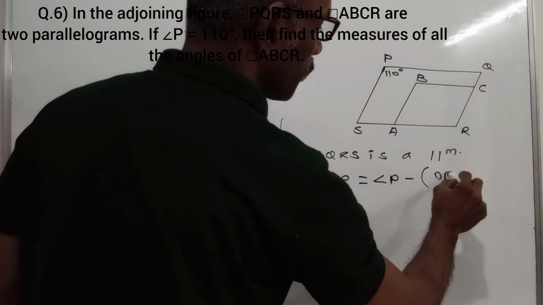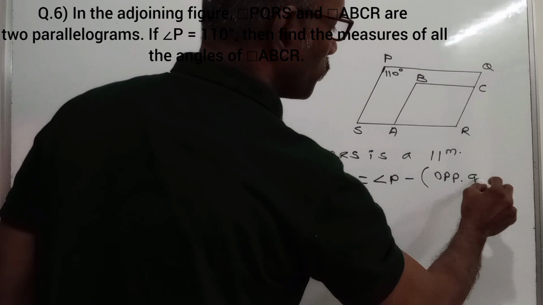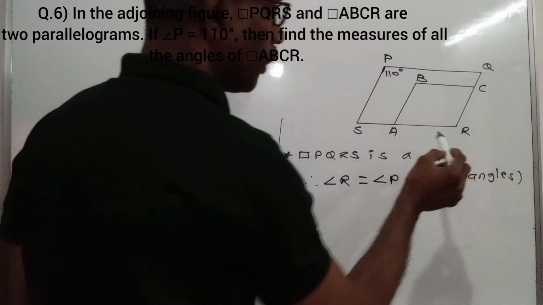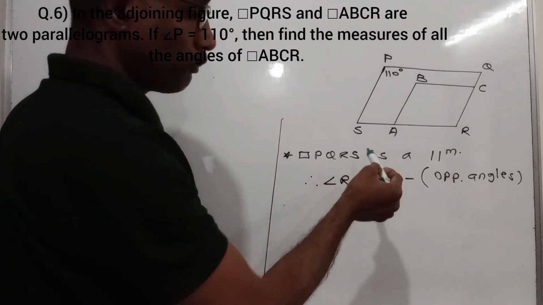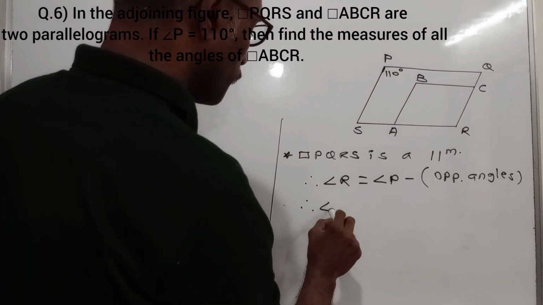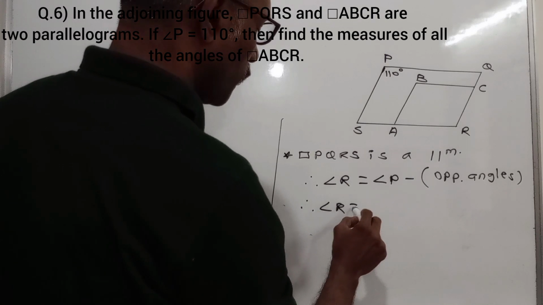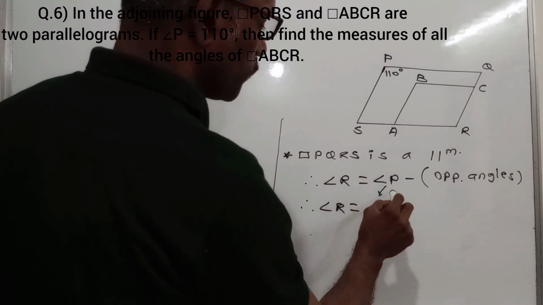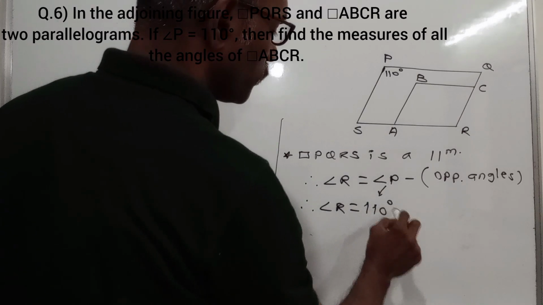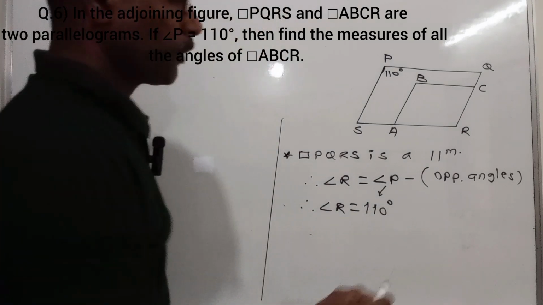These are opposite angles of parallelogram PQRS. Therefore, angle R is equal to the measure of angle P, 110. Did you get it?